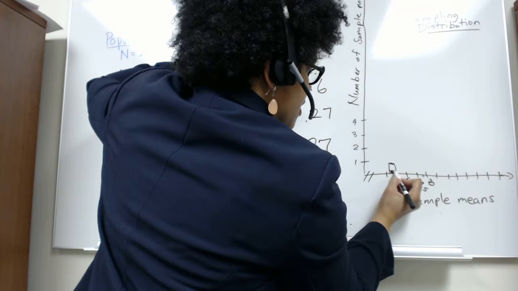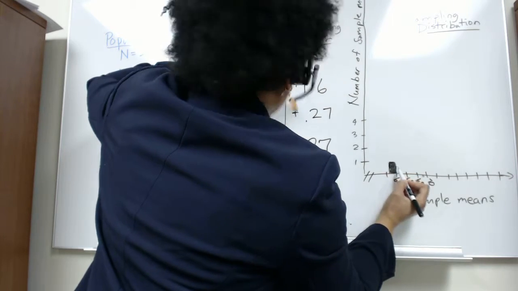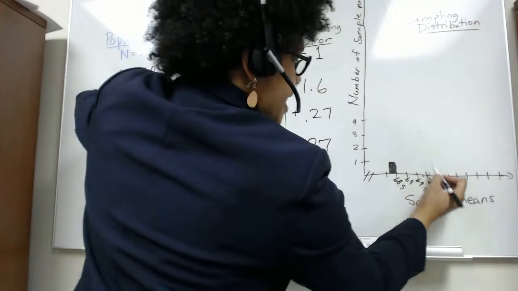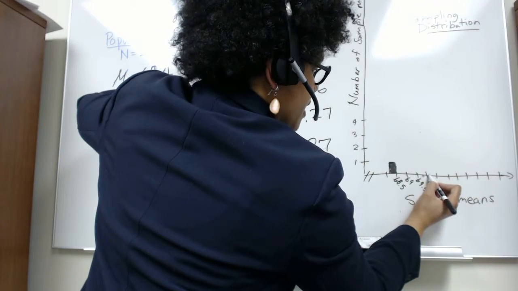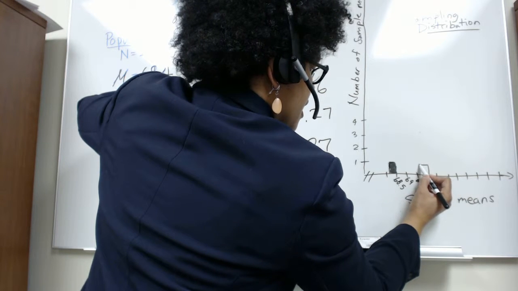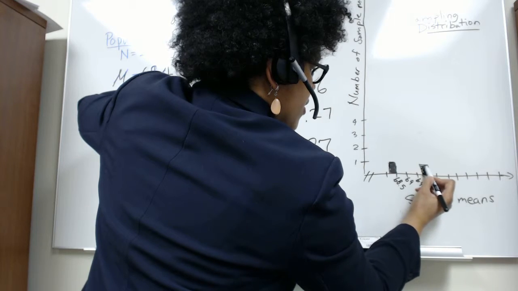We had one mean of 68.3, so let me make a little box right there. And we had one mean of 70. 70 will be in the center. I'll go up to 1 and make a little rectangle right there.